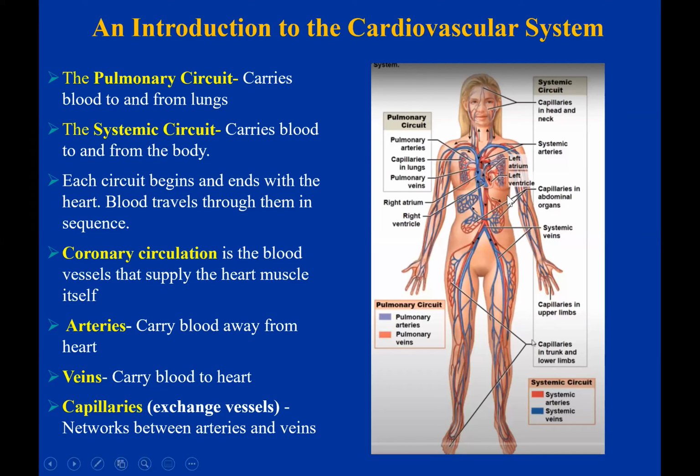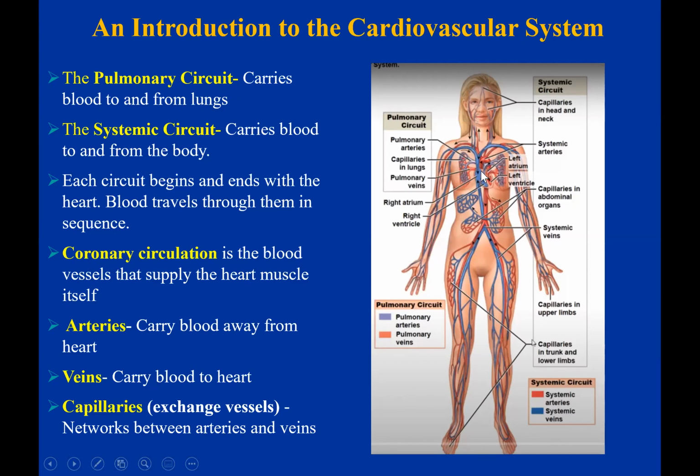Pulmonary is another word for respiratory system. So we have the pulmonary circuit and systemic circuit. We can see how the blood rushes to your fingertips as an artery and comes back to the heart as a vein. The blood supply that nourishes the heart is called coronary circulation.